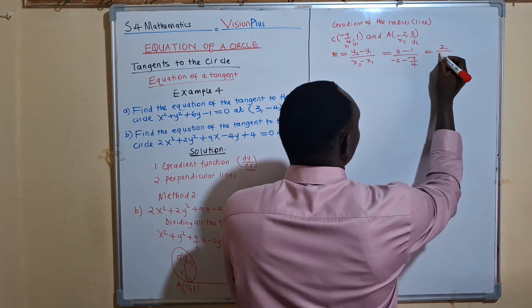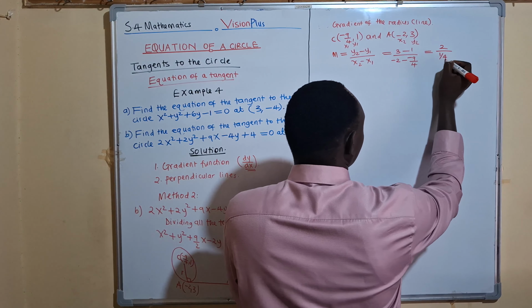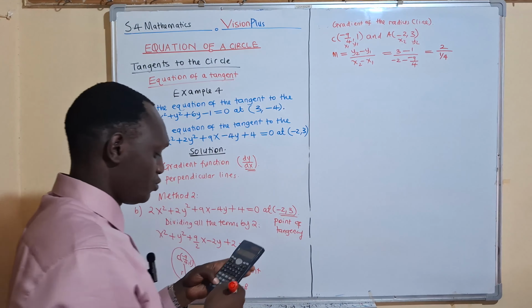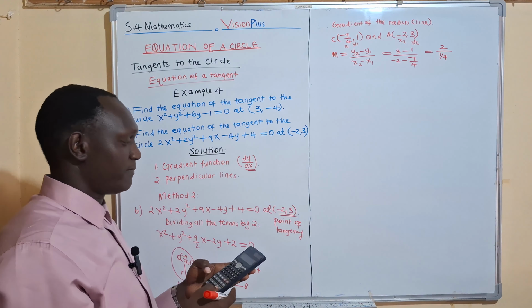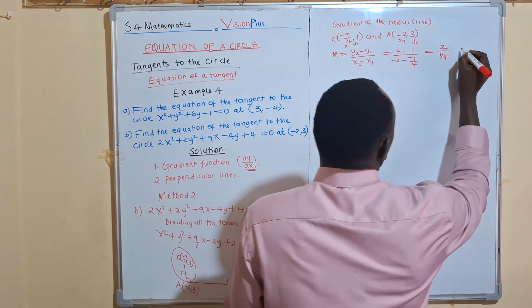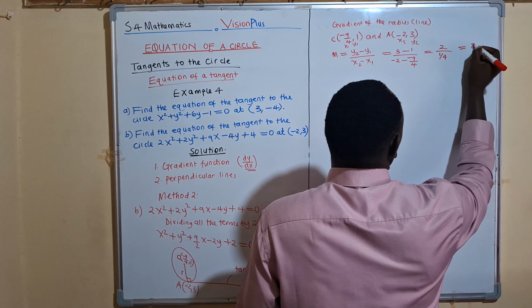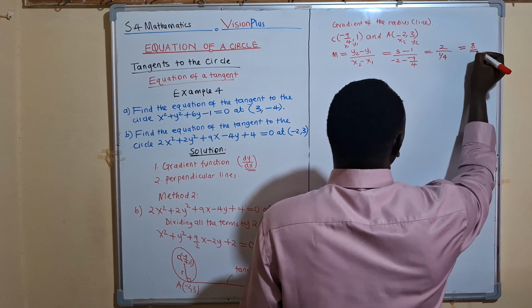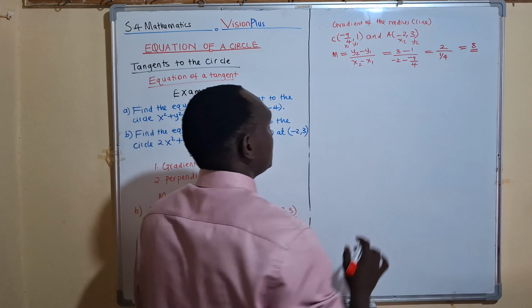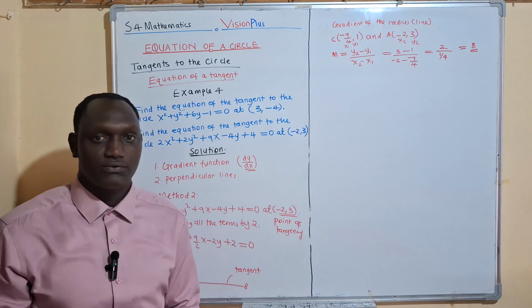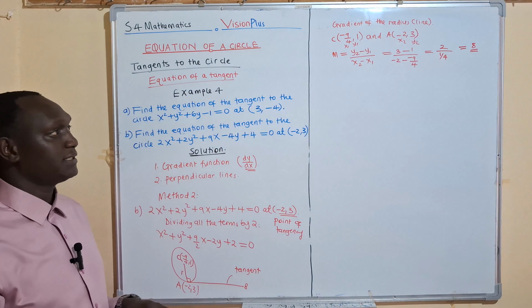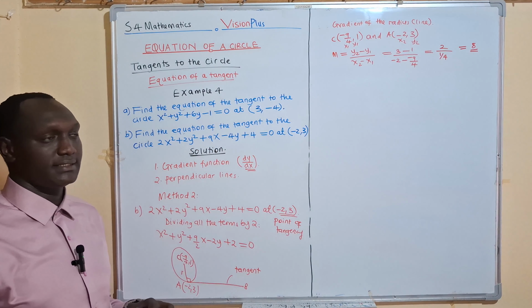So the denominator is 1 out of 4. 2 divided by 1 out of 4, I'm getting 8. So this 8 is the gradient of the radius.